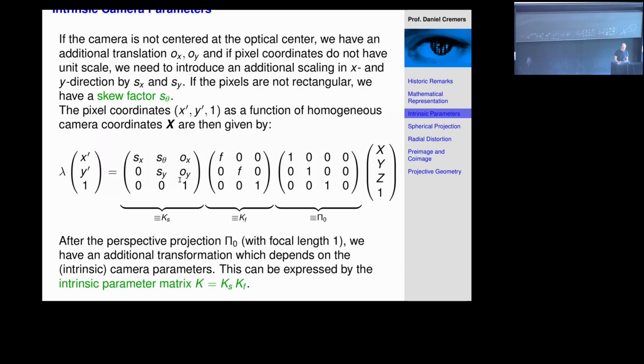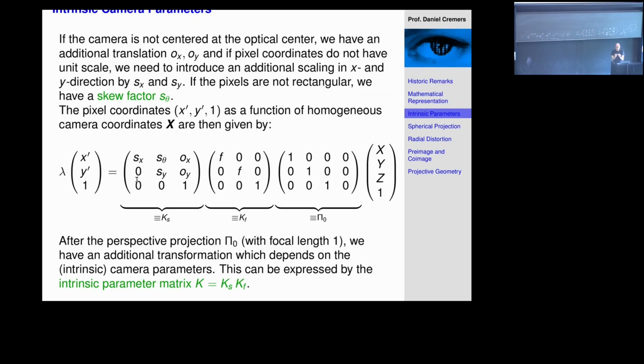And that conversion does two things. First of all, there is an offset. This is OX and OY. That is basically the offset of the center so that it moves to the bottom left. And then there is a rescaling that converts into pixel coordinates. And that rescaling depends on the settings of your camera. For example, if in your smartphone you say, I don't want a 10 megapixel image, but only a 1 megapixel image because I want to reduce memory footprint, then the pixel numbers will be different, right?